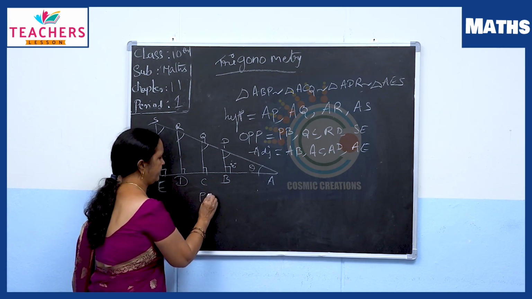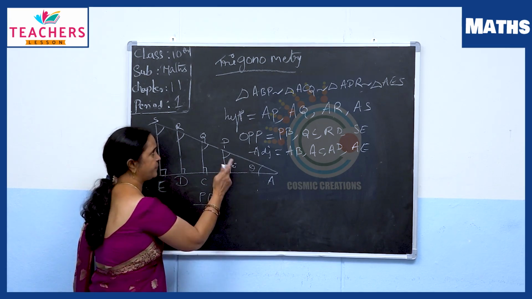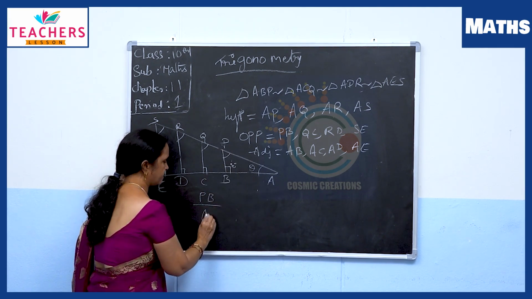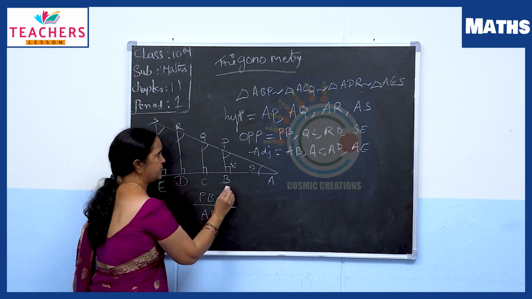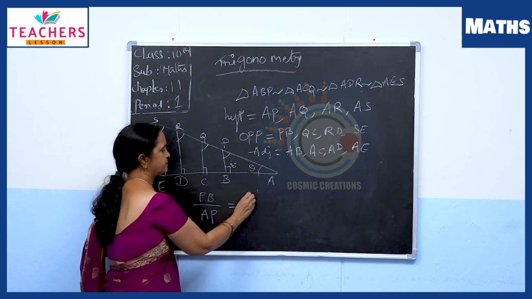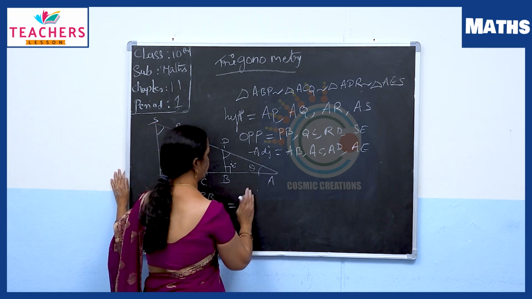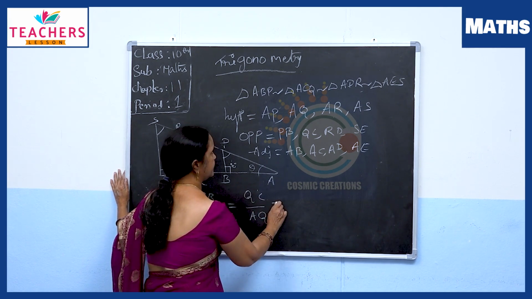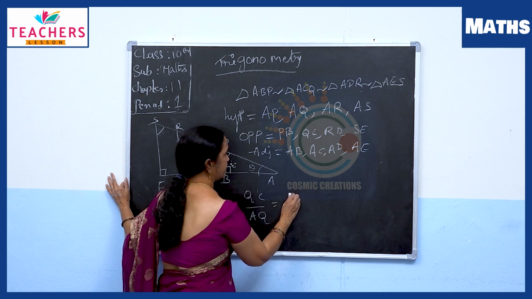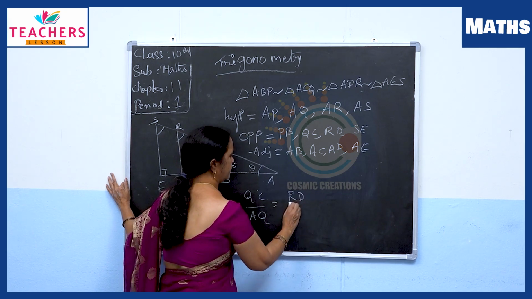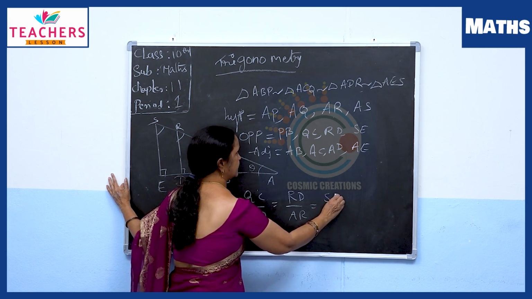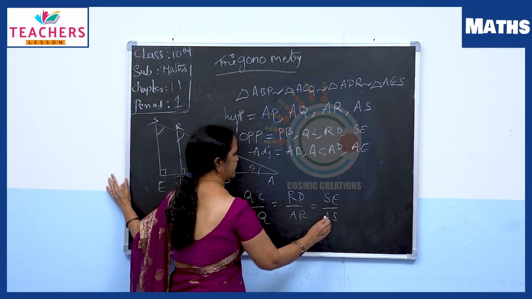PB by AP is equal to QC by AQ, which is equal to RD by AR, which is equal to SE by AS.